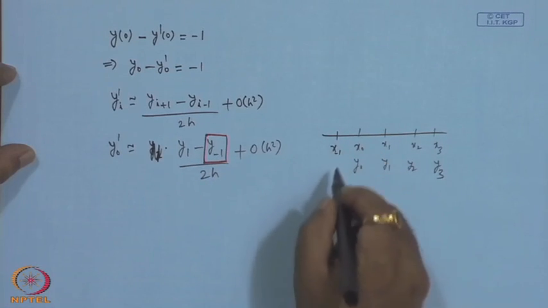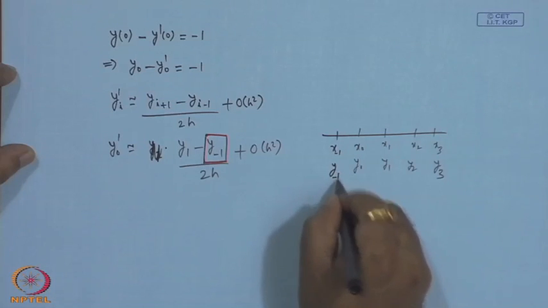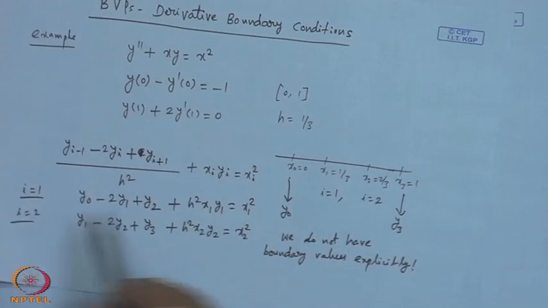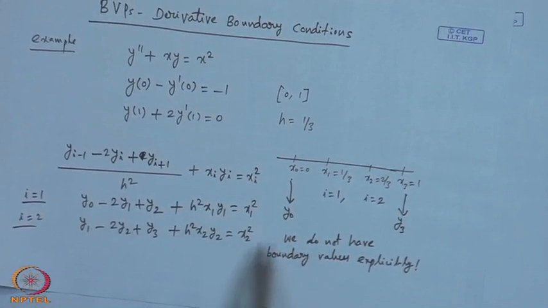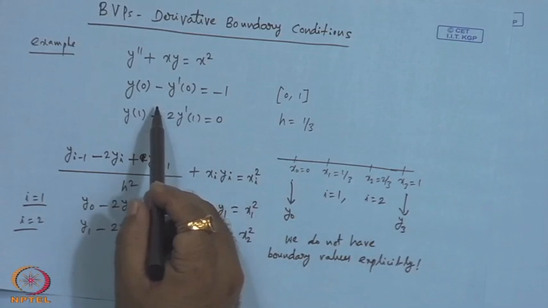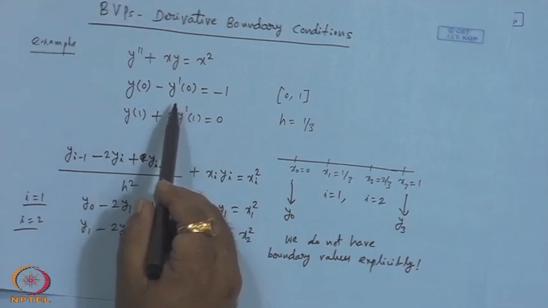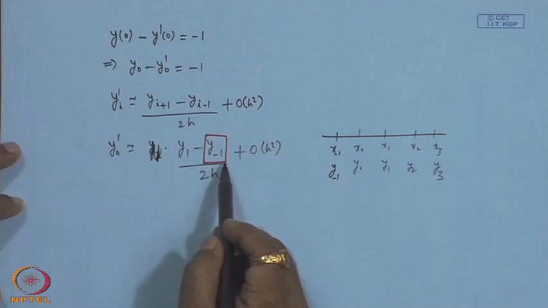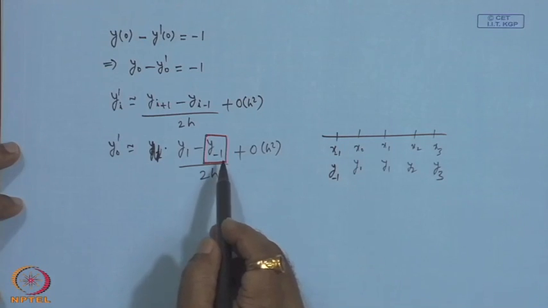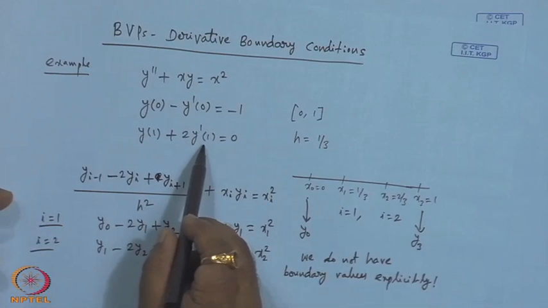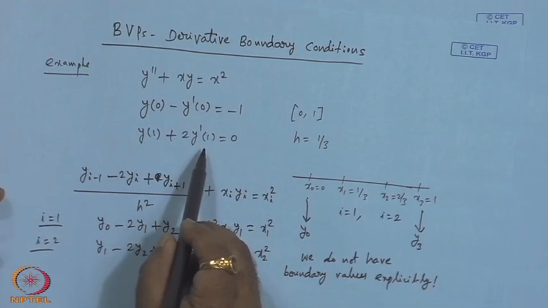If you think of this as x minus 1, we have two equations for i equals 1, 2, but we do not have y 0 and y 3 explicitly. So, when we go for boundary conditions that involve derivatives and discretize, we get an additional term. Similarly, if we discretize at the other boundary, we may get another additional term.